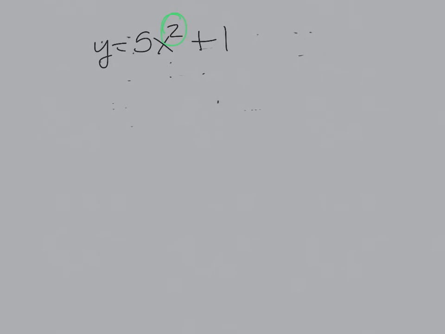And it has to be your variable squared, okay? So that tells me that we have a quadratic. Okay? All right. So quadratics do a little bit different to find our minimum and maximum.